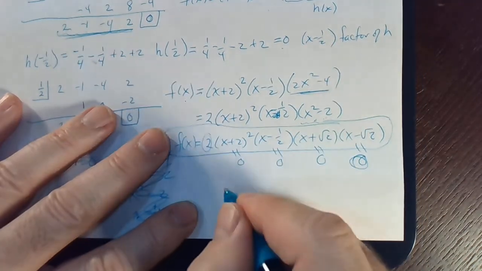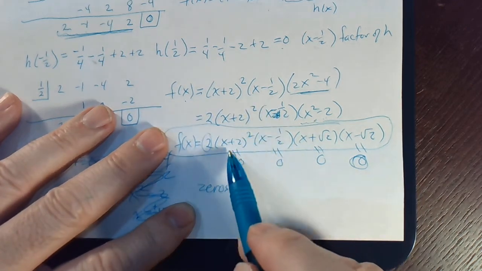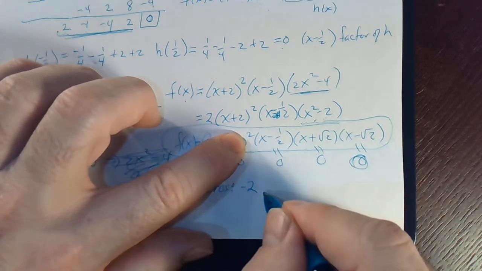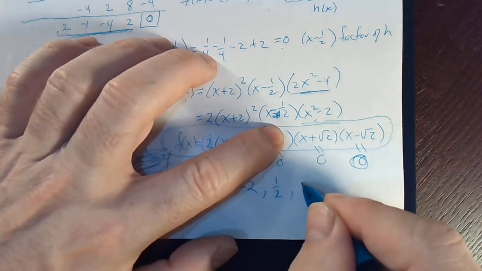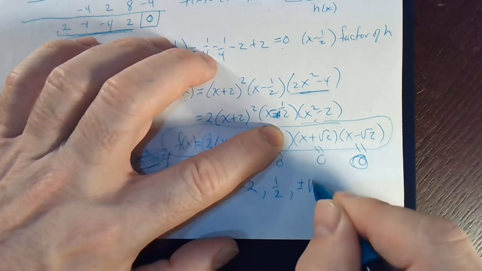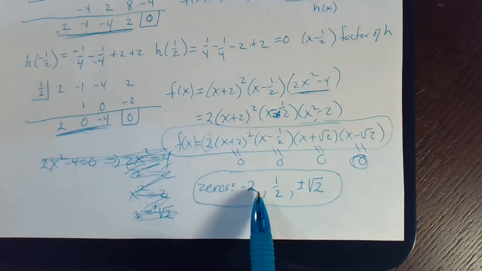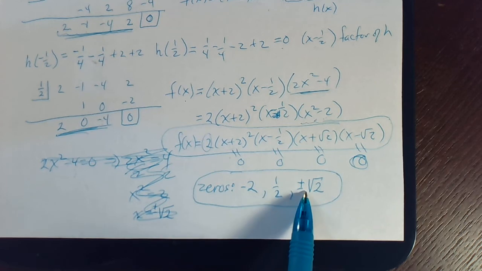So we're going to get the zeros of negative 2, and that one actually has multiplicity 2, and then we'd have 1/2 as a zero, and then plus or minus radical 2. That's 2 different ones. So as expected, we got 5 zeros, only x plus 2 showed up twice. 2 of them were negative 2. And then we got a 1/2, and then we got a positive radical 2 and a negative radical 2.